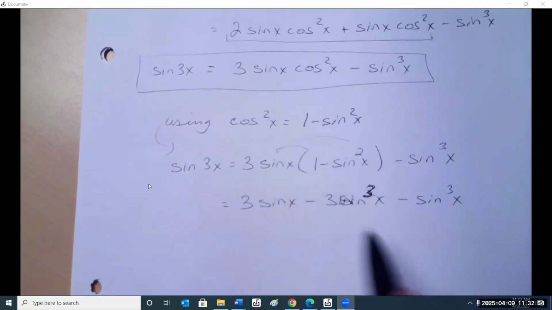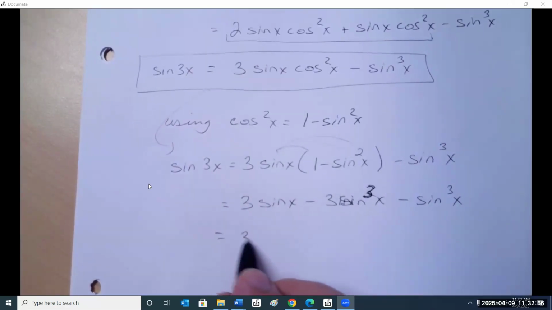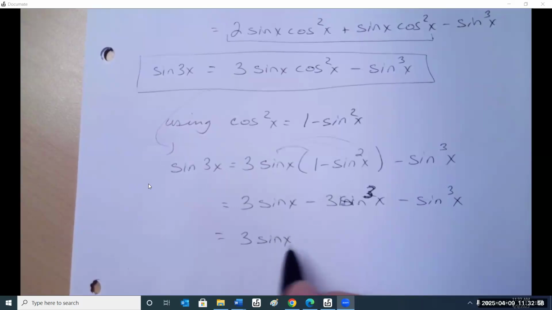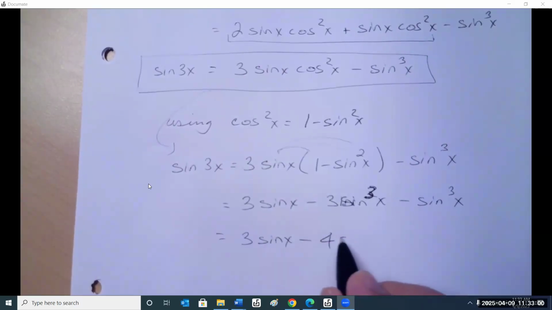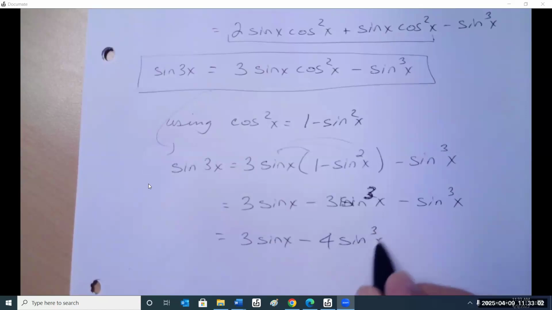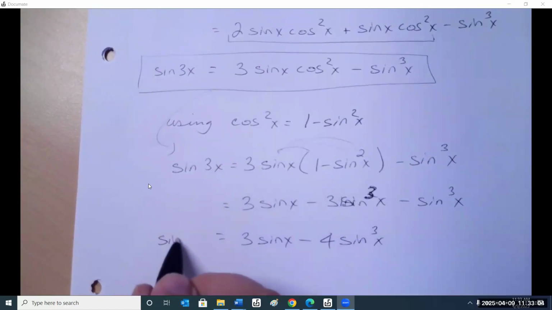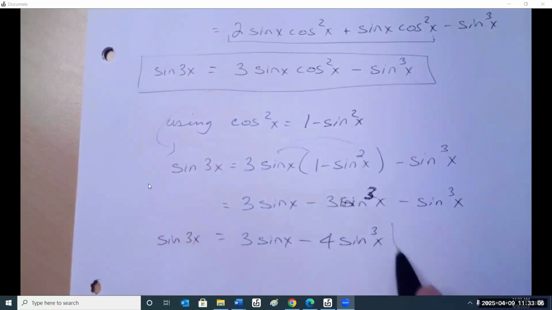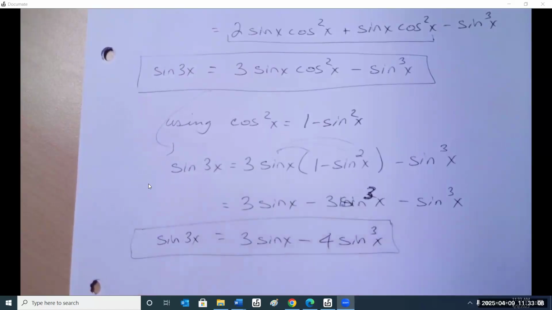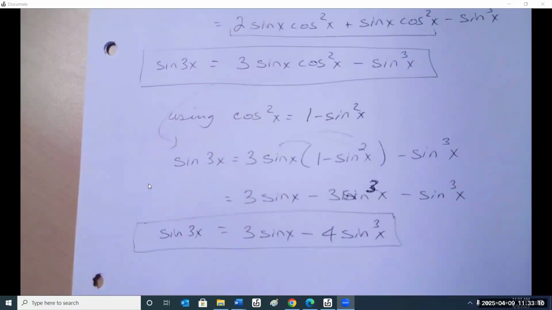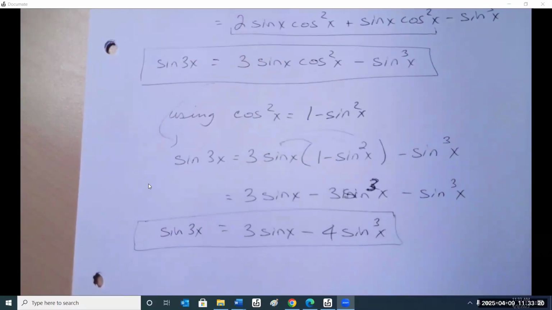Because that times that, it gives us 3 sine x minus 4 sine cube x. So now I don't have to worry about converting to cosine.